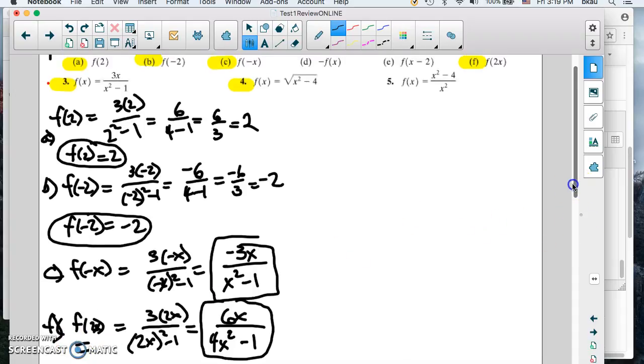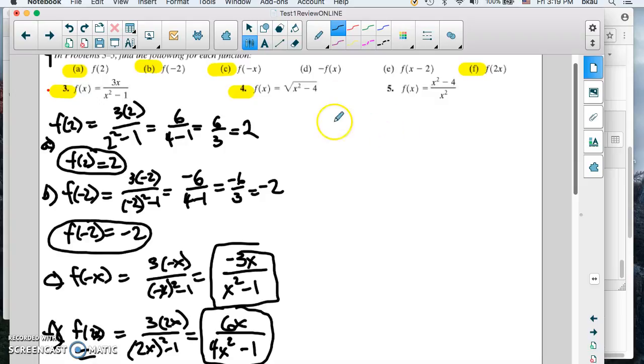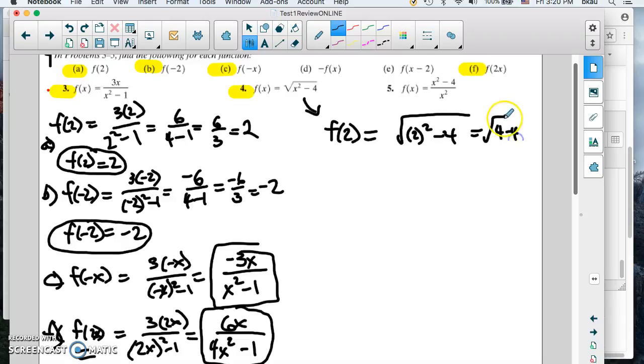Now let's do the same evaluations on problem number 4 here. So problem 4, f of 2 is going to be the square root of 2 squared minus 4. 2 squared is 4, so it's 4 minus 4, which is the square root of 0, which is 0. So f of 2 is 0.